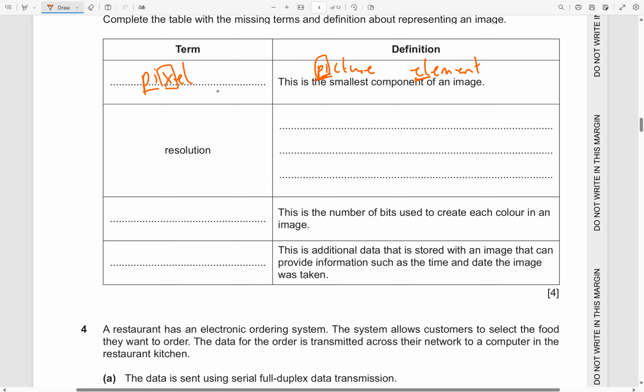Okay, then the next one, and sorry for the cough. The resolution is the number of pixels in the image. You can also say the number of pixels wide by the number of pixels high.